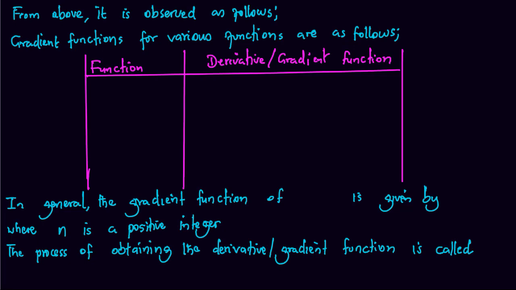So from above, it is observed that the gradient functions for various functions are as follows. If y is equal to x squared, the derivative or gradient function is 2x.